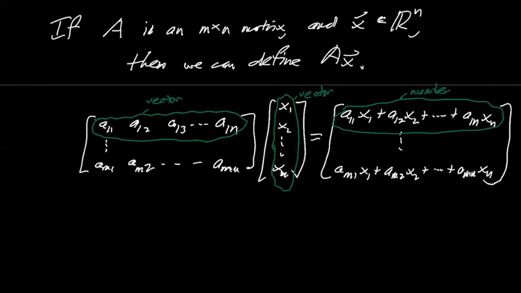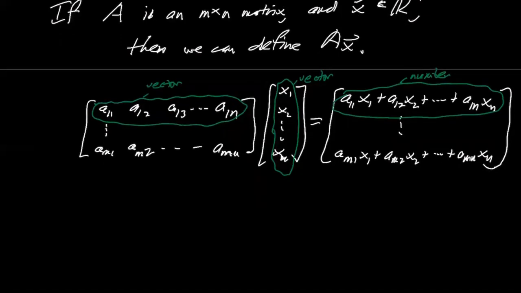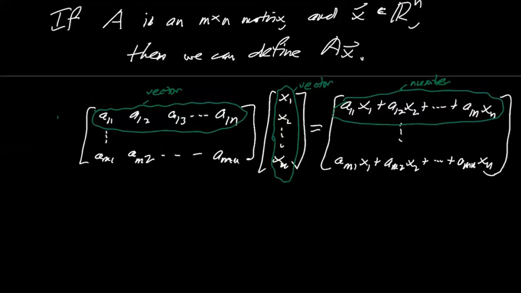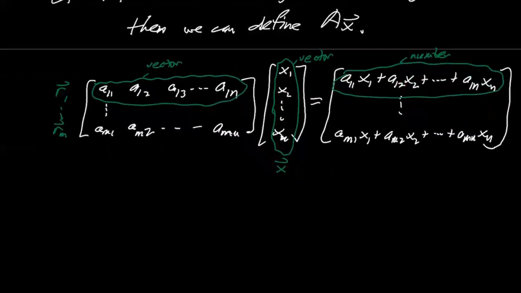And in fact, you've probably seen this way of multiplying two vectors before. Let's just call this vector R1, so this is a row vector, through Rm. This is also a row vector, but then this is the column vector X. Do you recognize what I'm really doing to get R1 times X?